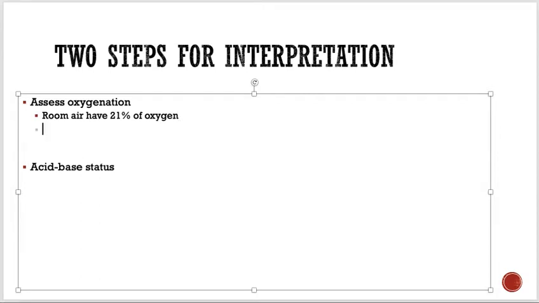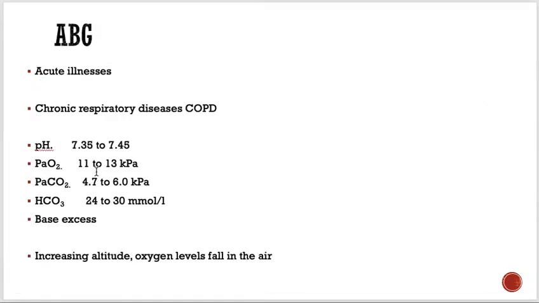So basically, when we admit patients in the hospital, sometimes we give them extra oxygen. What we call FiO2, or fraction of inspired oxygen. So for example, remember this level is the one which is in the room air.